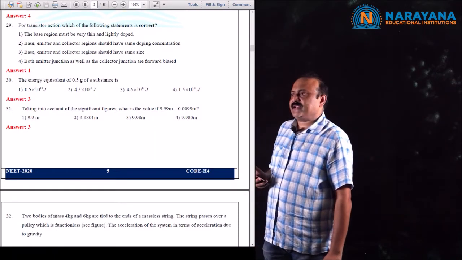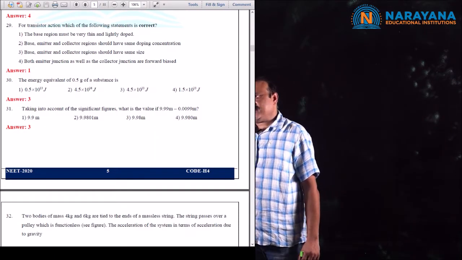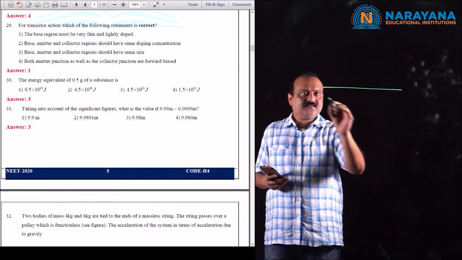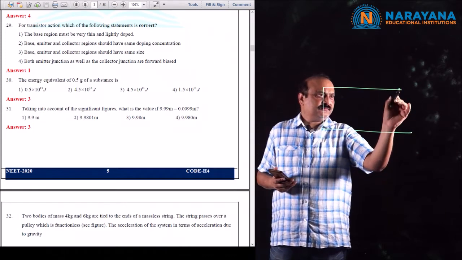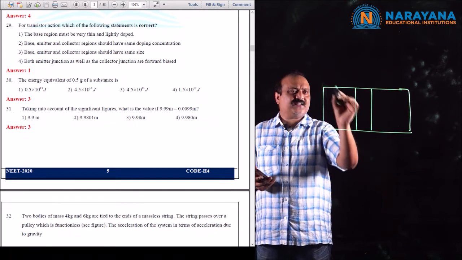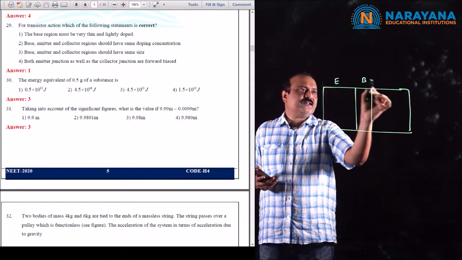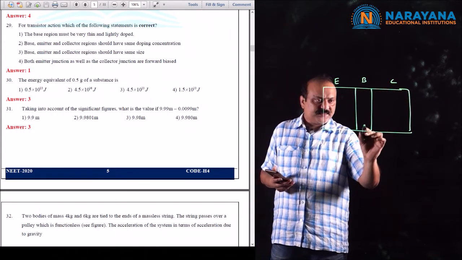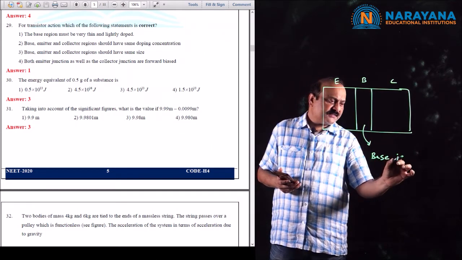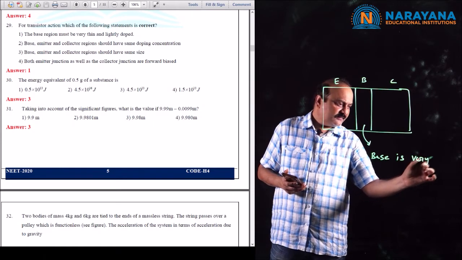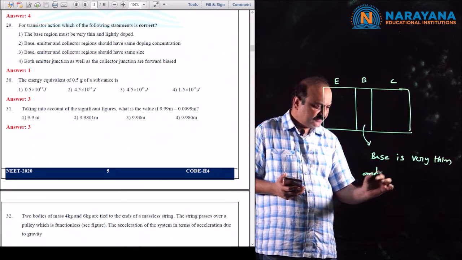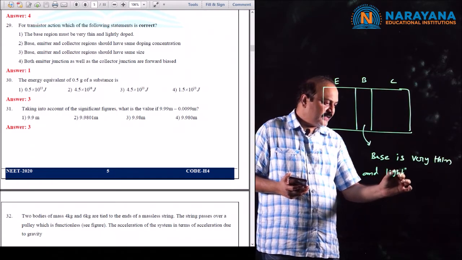Question number 29. For a transistor action, which of the following statements is correct? In case of a transistor, emitter, base and collector. This base is very thin and lightly doped.